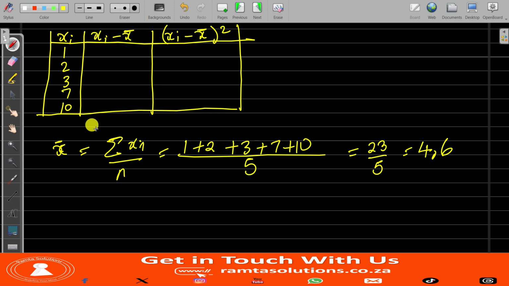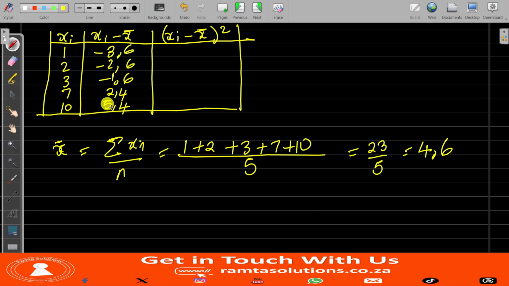So what we need now is 1 minus 4.6, which is minus 3.6. 2 minus 4.6 is minus 2.6. 3 minus 4.6 is minus 1.6. Then 7 minus 4.6 is 2.4. And 10 minus 4.6 is 5.4.